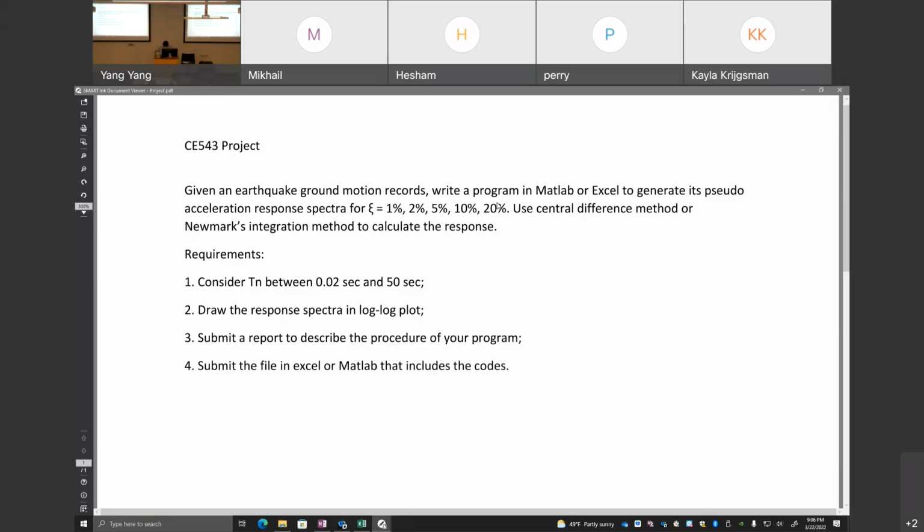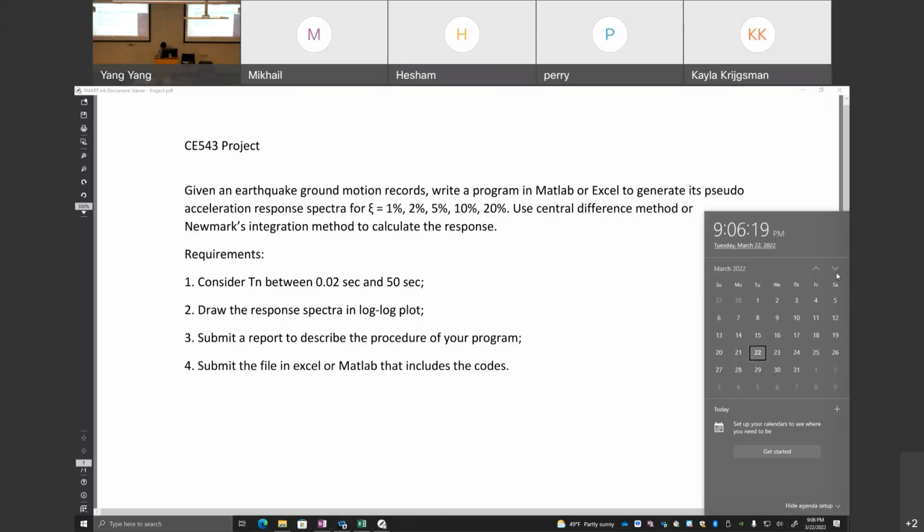So when we talk about the due date, probably 15 or 19. I will extend that to the middle of April anyway, for this project. I will talk about this project after we are done with the discussion of this response spectral for earthquakes. So don't worry about that.